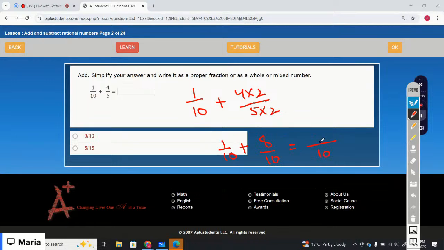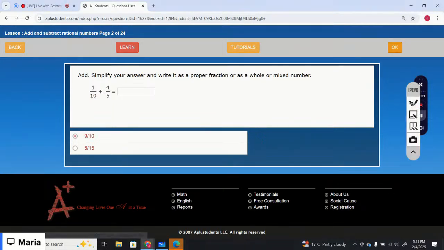You have to add the numerators. 8 plus 1 is 9. That is 9 over 10. Option number 1 is the correct option.